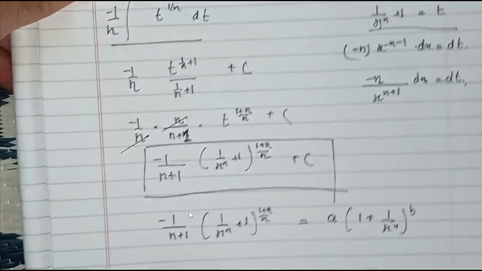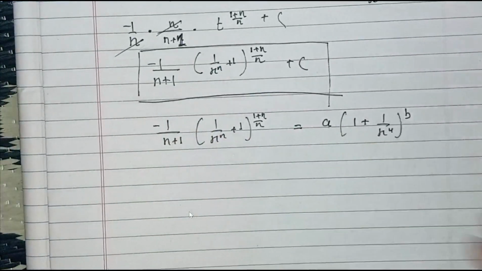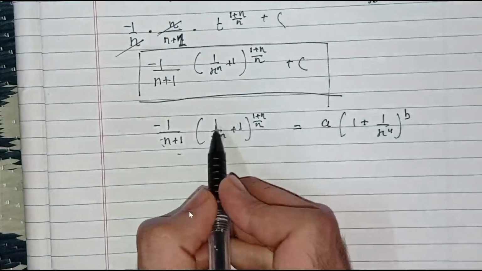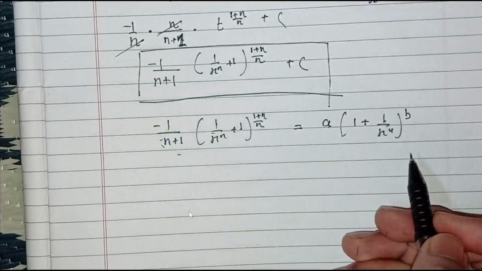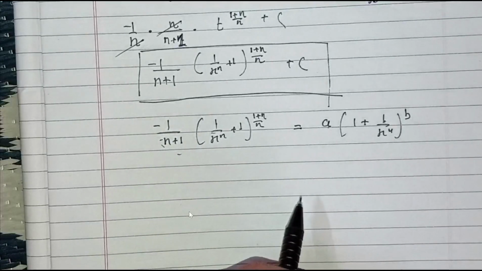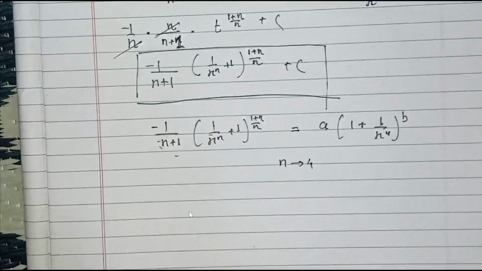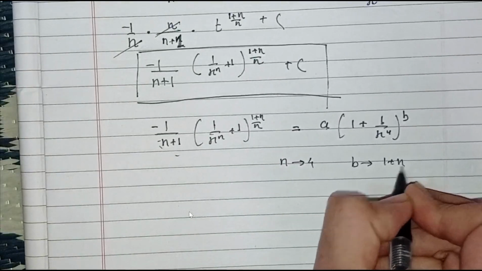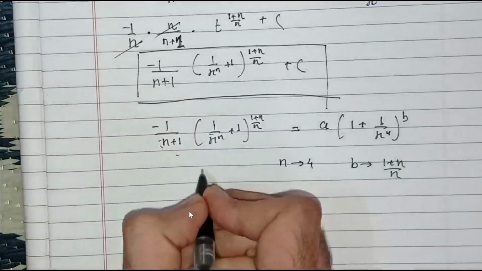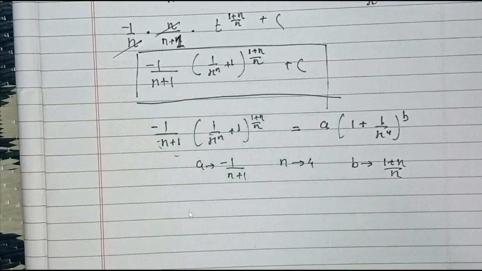Now I have to compare these two values to get the values of a and b. In bracket I have 1/x^n, and here I have 1/x^4. So comparing these two terms, n will be 4, b will be (1+n)/n, and a will be -1/(n+1).